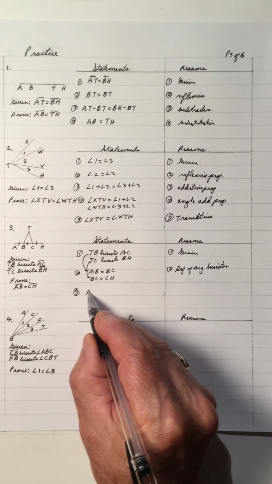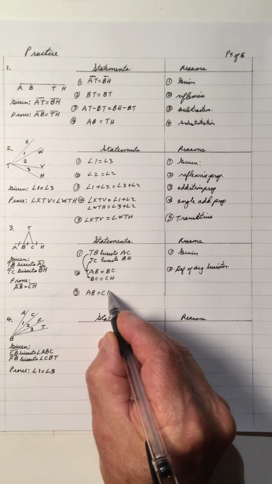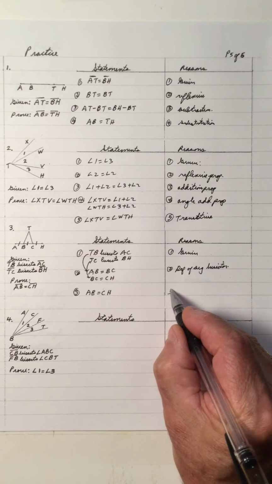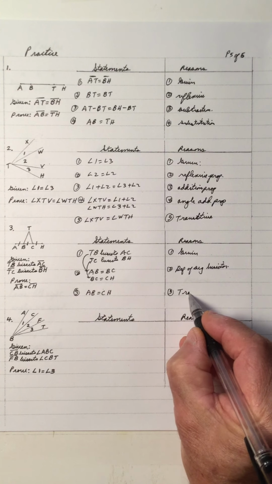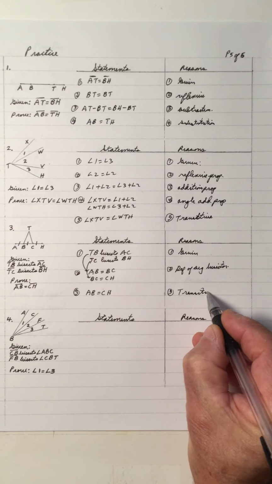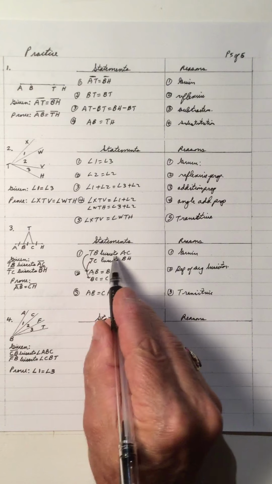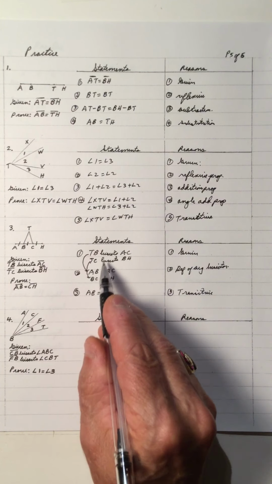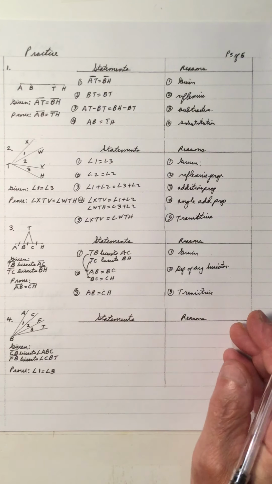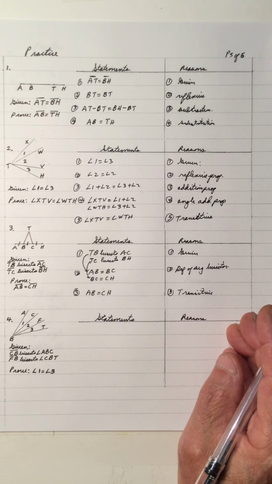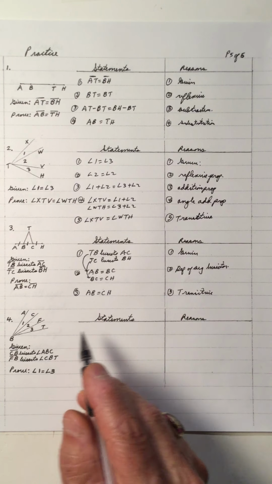So that means that AB is equal to CH by transitive property. If you put the 2 of them in one, like I did here, it just saves you time in writing it out. So check with your teacher.